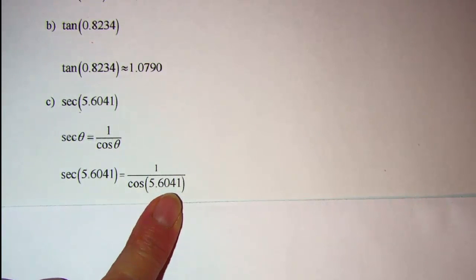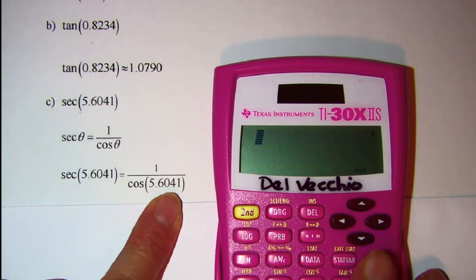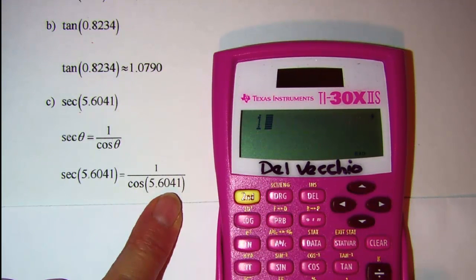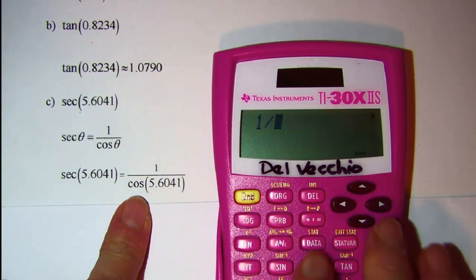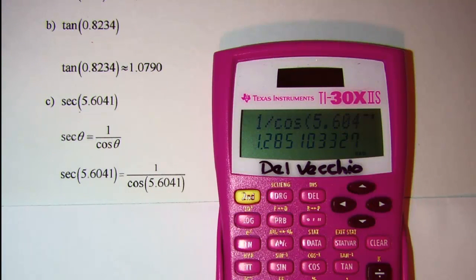So to do this on my calculator, I need 1 divided by the cosine of 5.6041, and 1.2851.